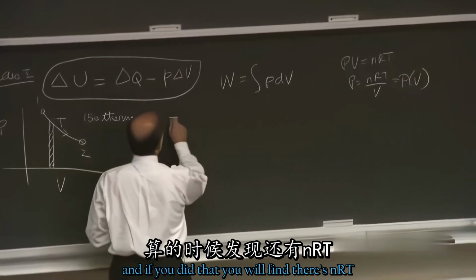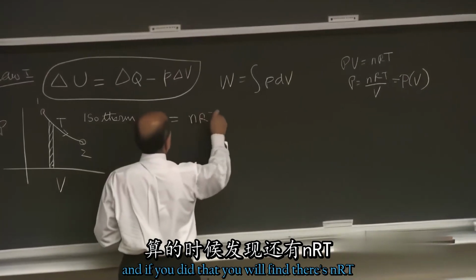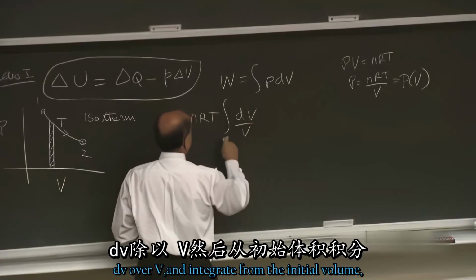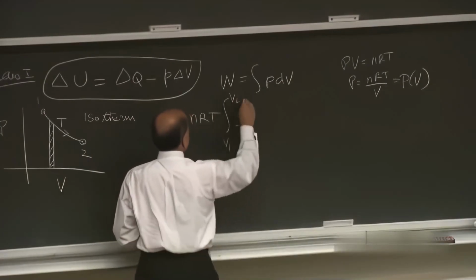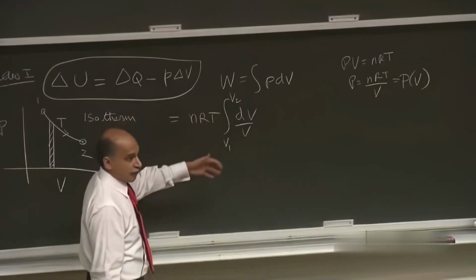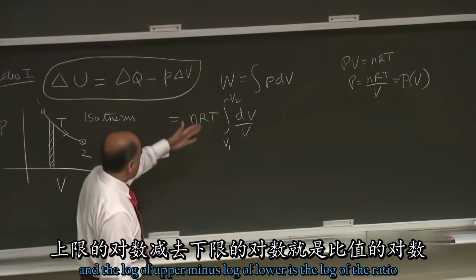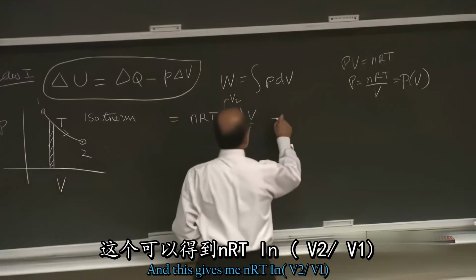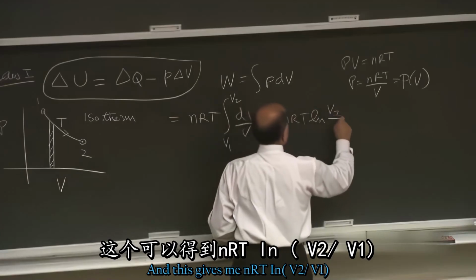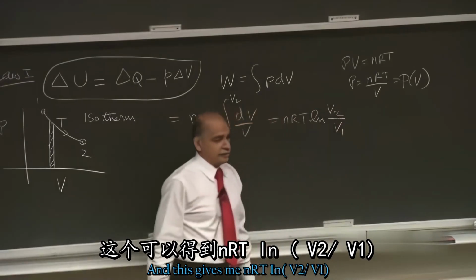And if you did that, you will find it's nRT. All of them are constants. They come out of the integral, dV over V, and I integrate from the initial volume to the final volume. And you know this is a logarithm. And the log of upper minus log of lower is the log of the ratio. And this gives me nRT log V2 over V1.